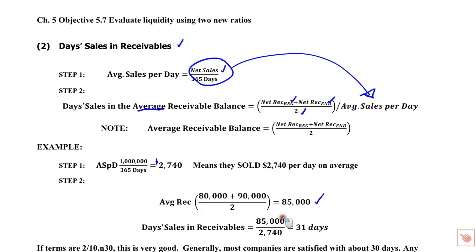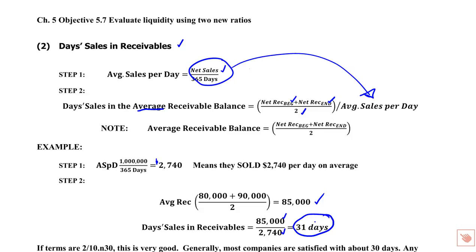If on average they're at 85,000 and they're selling 2,740 a day, then if they started from 0 and sold for 31 days, they'd have 85,000 at the end of that. So it's 31 days.